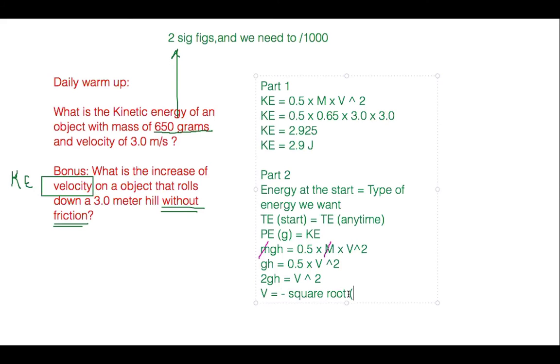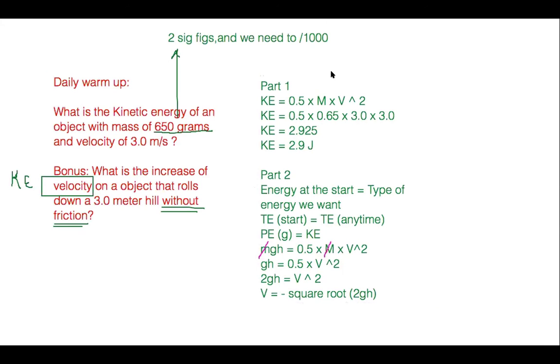So you could either say a positive number downward, which indicates the direction, or you can say negative. That's another way in physics we indicate things are going downward. So it is the square root of 2 times gravity times the height. And this is an excellent equation you want to box right in your notes.